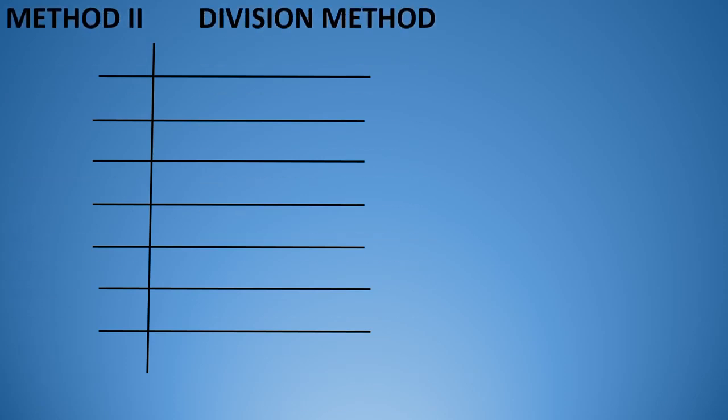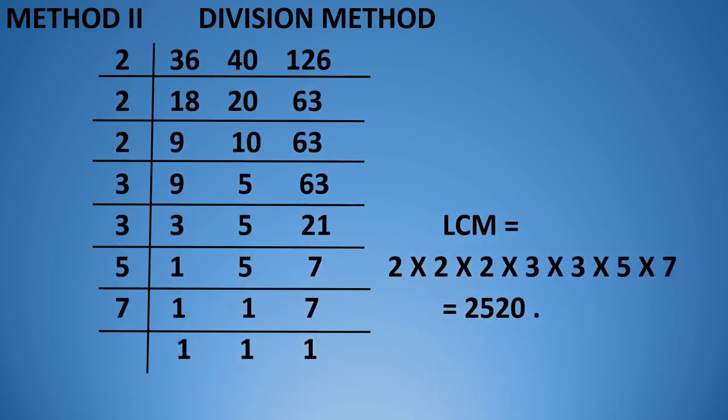Now see this same question by the division method. Okay. 36, 40 and 126. In this method, in the division method, we have to write down all the 3 numbers together, leaving some space between the numbers.